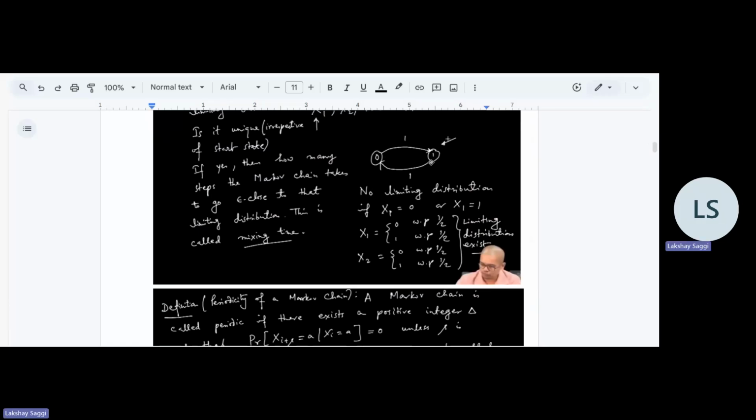So essentially what this means is that this Markov chain is actually periodic with a period of 2, because only after 2 time steps can you come back to the state 0.